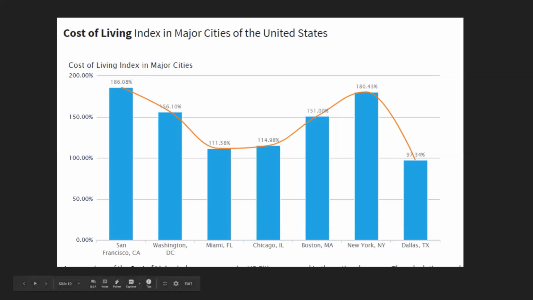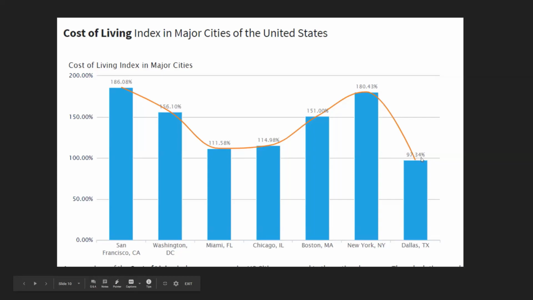But for the cost of living, this is an example. I think in the notes I have the actual citation or a link for where I got this information. For the COLI and some major cities in the United States, this was from last semester when I pulled this up. You can compare these. So Dallas is more affordable, so you have a lower number here.